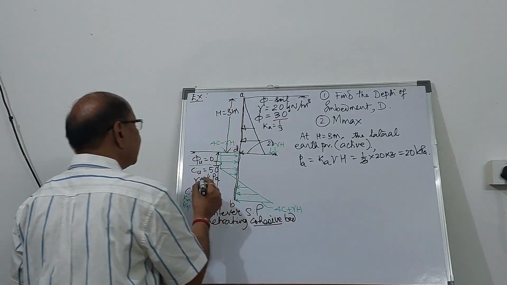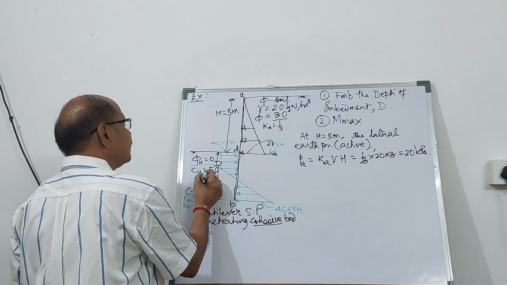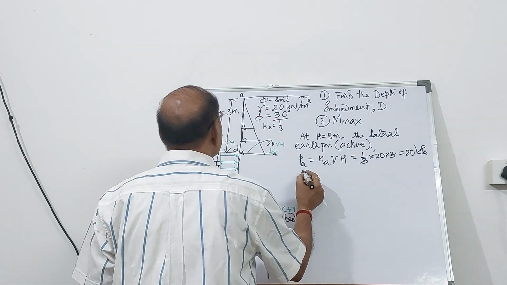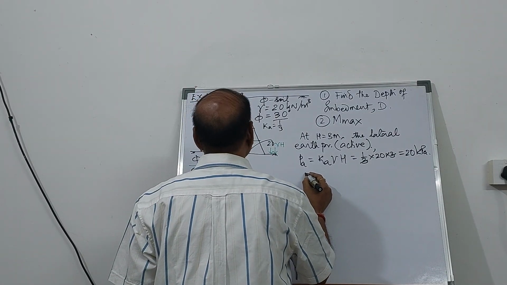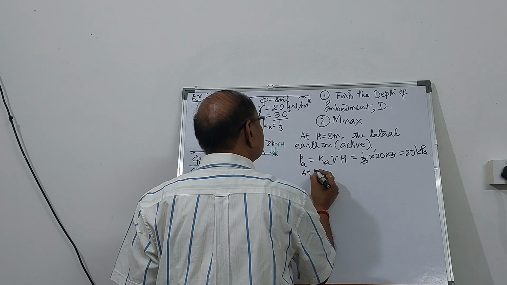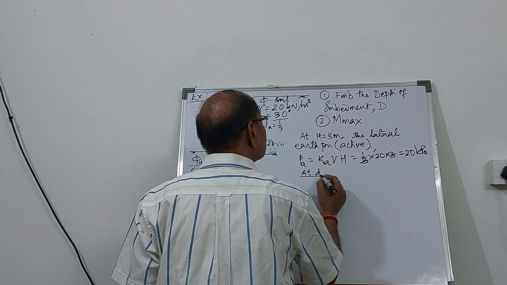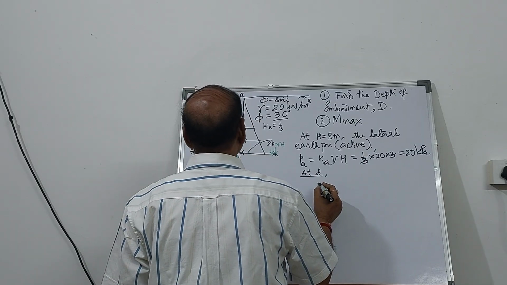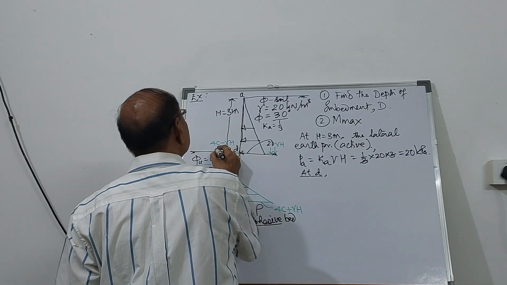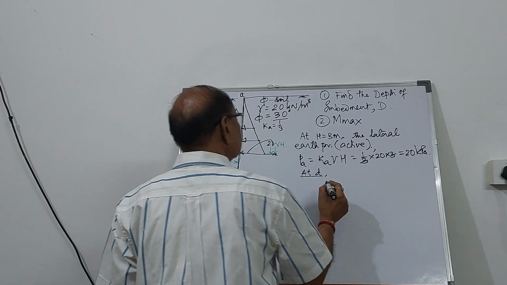So the value of C is 50. Therefore, on the left hand side at D, you can calculate the magnitude. Say this is D1.